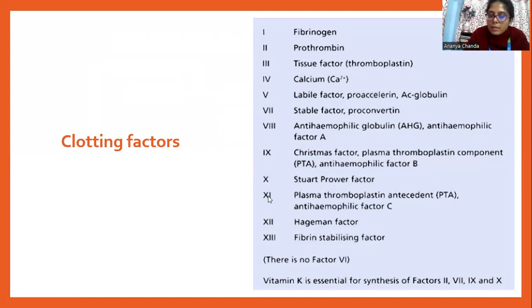Factor 11 is plasma thromboplastin antecedent or PTA factor or antihemophilic factor C. Then comes factor 12, that is the Hageman factor, and factor 13, the fibrin stabilizing factor. So there is no factor 6. Vitamin K also helps in the synthesis of what? Factors 2, 7, 9, and 10.